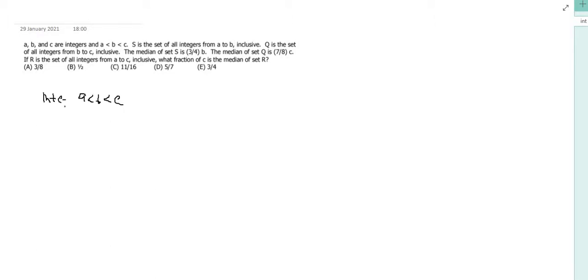Now S is the set of all integers from A to B inclusive. That means A and B are also included.